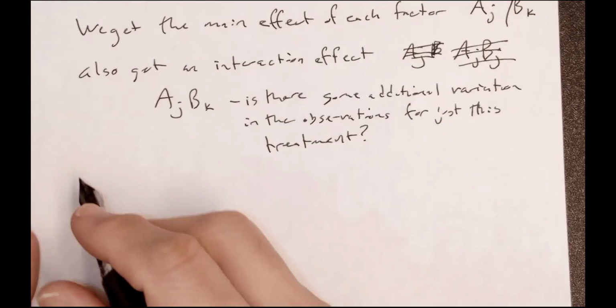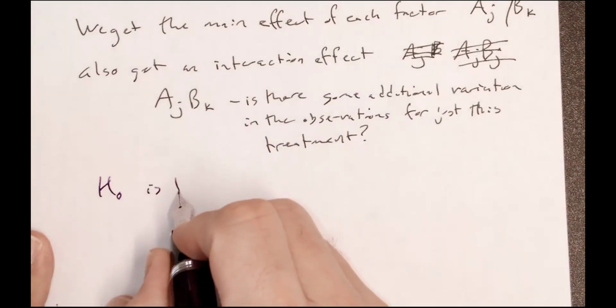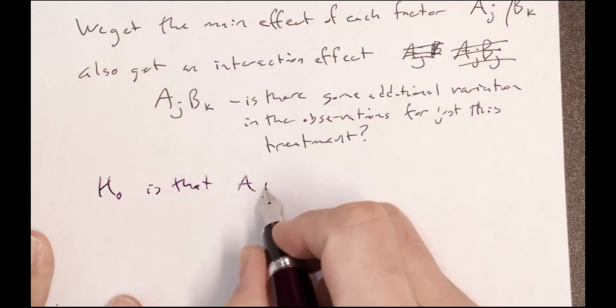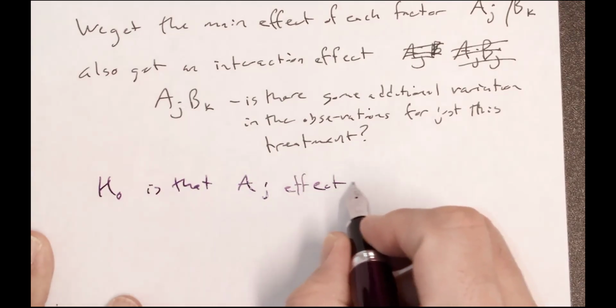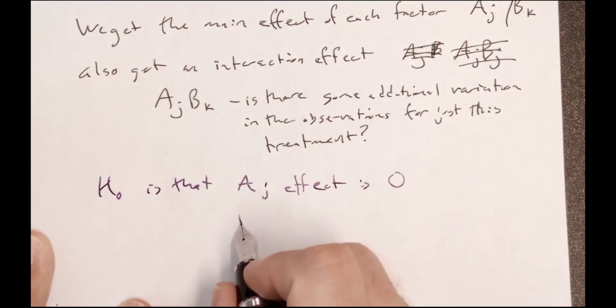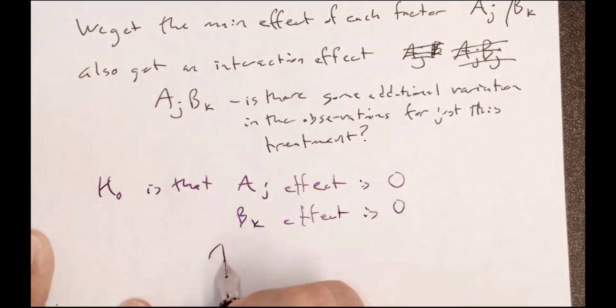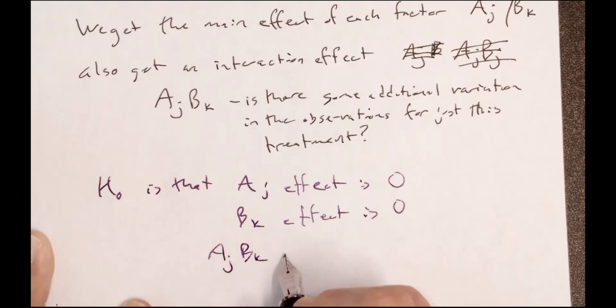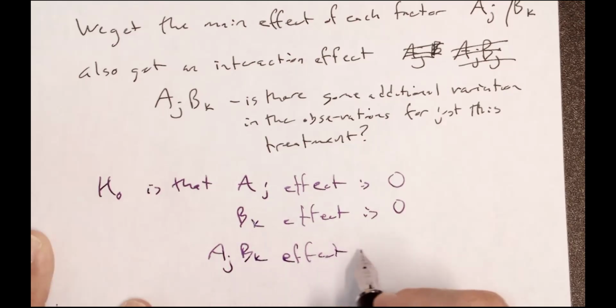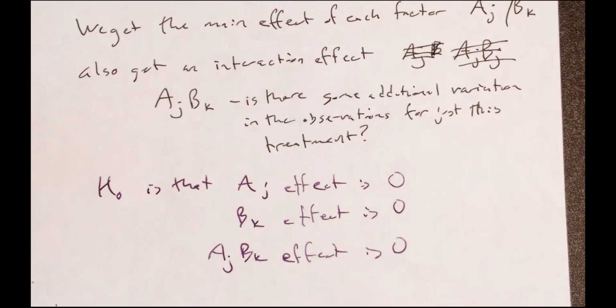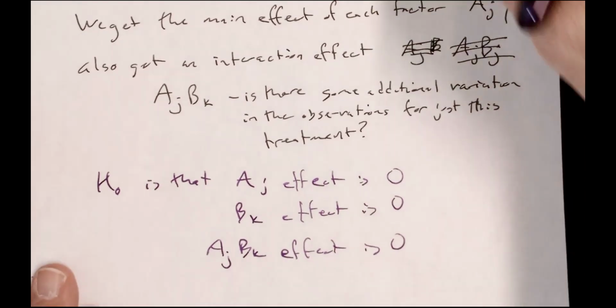So really my null hypothesis is that the AJ effect is zero. The BK effect is zero. And the combination effect is zero. In other words, there's no difference in average that depends on A. There's no difference in average that depends on B. And there's no difference in average that depends on the combination thereof.